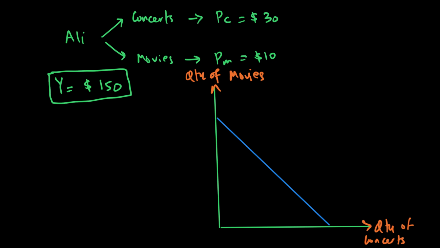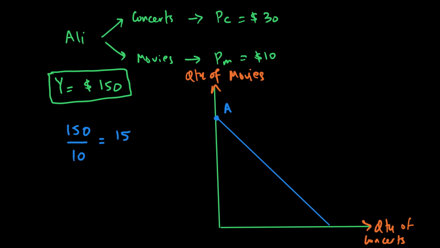Now, what are the various values that will come on this line? Well, one value that will come on this line is this one, where this consumer is buying only movies and no concerts. So if I spend all of my income of $150 on movies, how many movies will I be able to buy? The answer is 150, our income, divided by the price of movies, which is $10. So the answer will be 15.